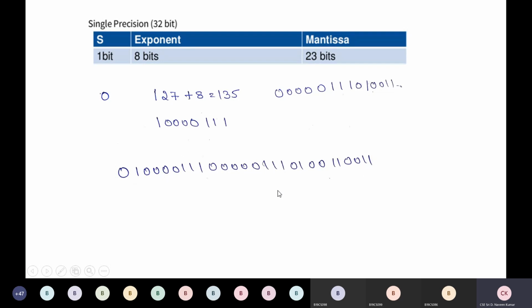These numbers repeat until the 23 bits are filled.